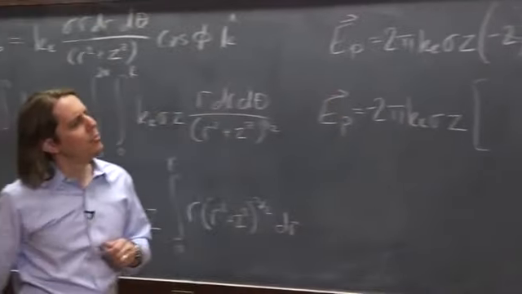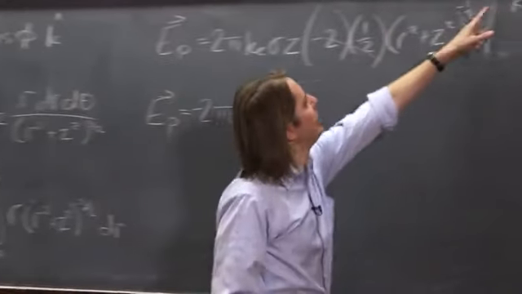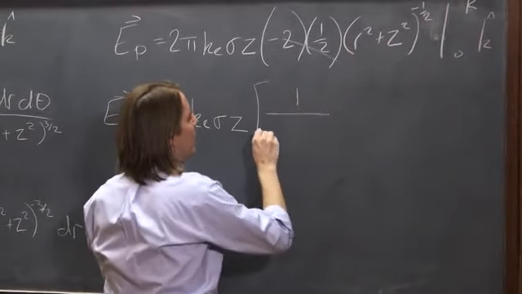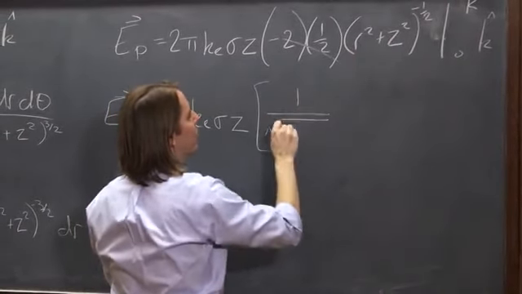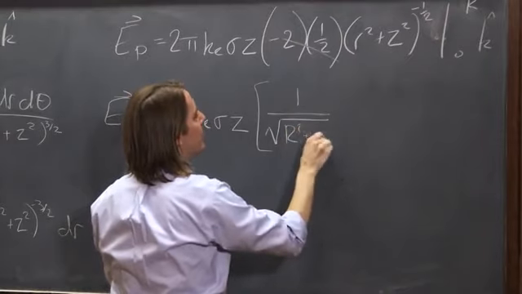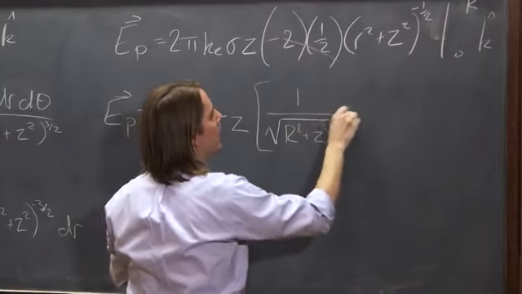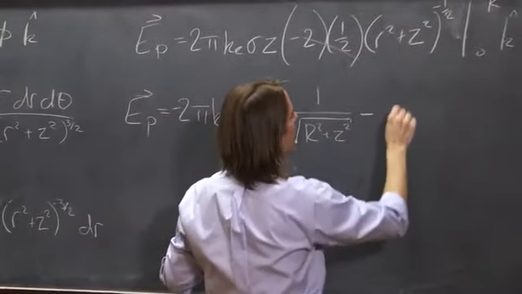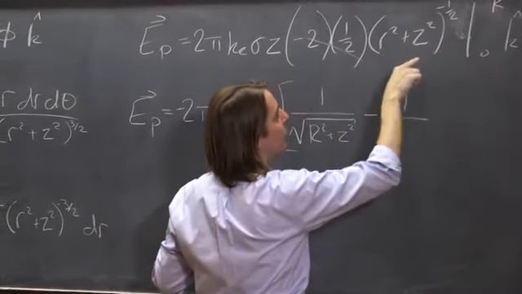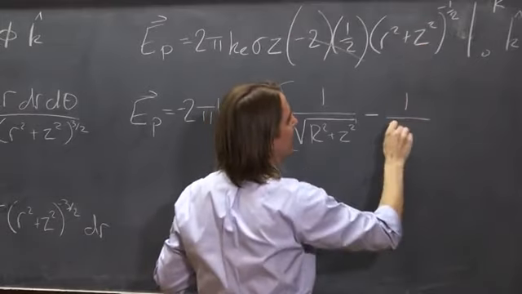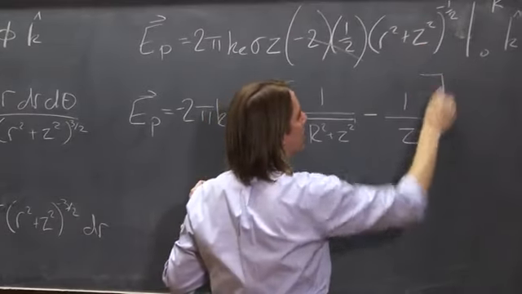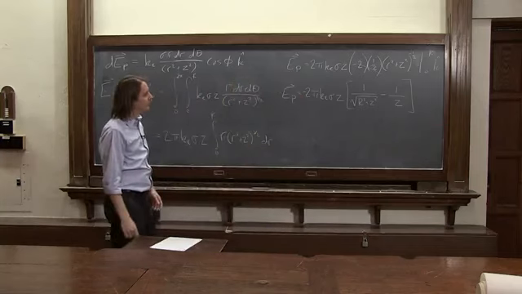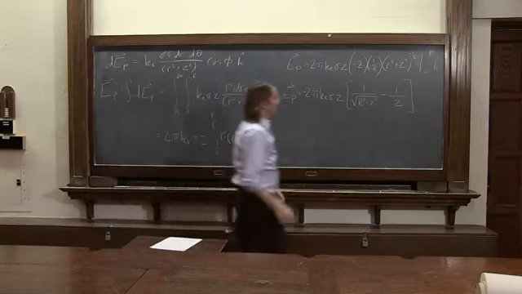And now we plug in big R into the little r. So that becomes 1. I'll go back to quotients now. 1 over the square root of big R squared plus z squared, minus, and now we plug in the 0 for the r, 1 over the square root of 0 plus z squared. Oh, that's just z. Once the r goes away, it's just the square root of z squared, so that's just z. In the k-hat direction, because of symmetry.